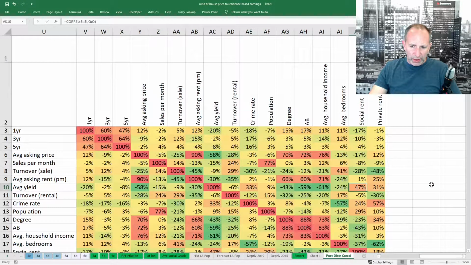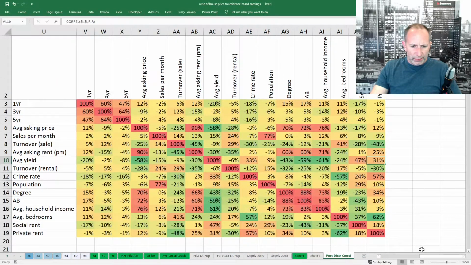And social rent, poorer areas have more private renting overall. And so higher yield will correlate with higher social renting. And then obviously higher yield, more private renting. As you can see, there is a lot of information here, and yeah, it takes some getting through.